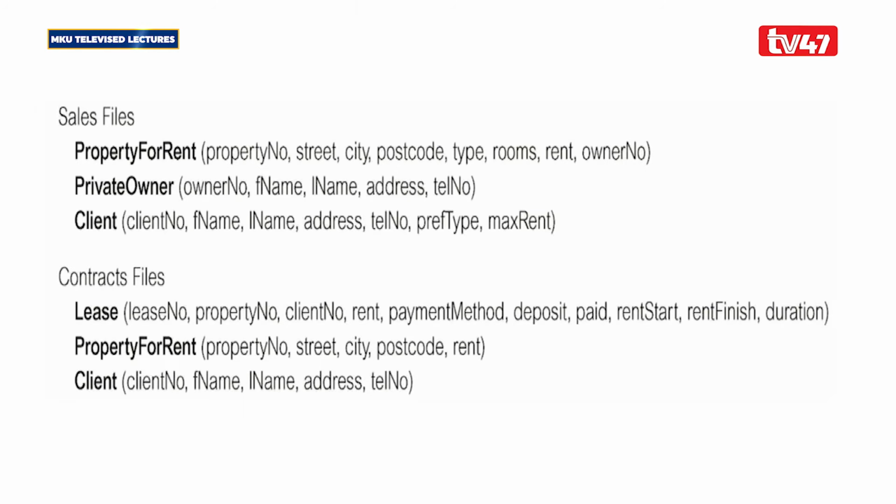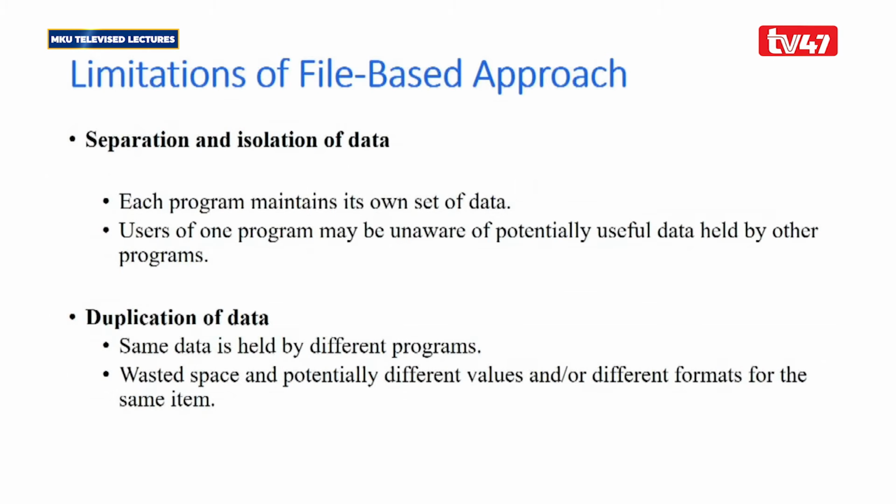So there are limitations when it comes to the file-based approach to keeping records. There is always separation and isolation of data, because each program or application will manage or maintain its own set of data. And users of one program may be unaware of potentially useful data that is being held by another file.